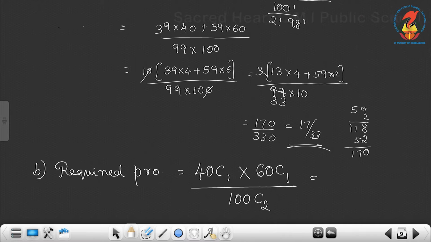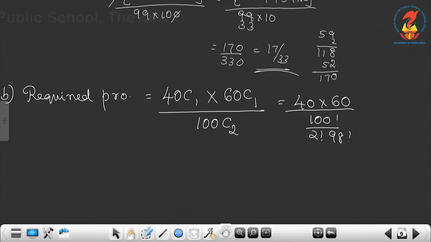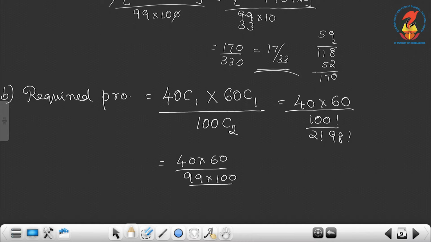Now 40 C1 is same as 40, 60 C1 is same as 60 by 100 C2, that is 100 factorial by 2 factorial into 98 factorial. So cancel it. 40 into 60 by 99 into 100 by 2.